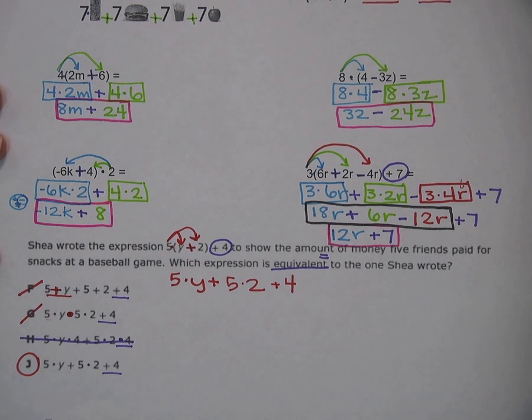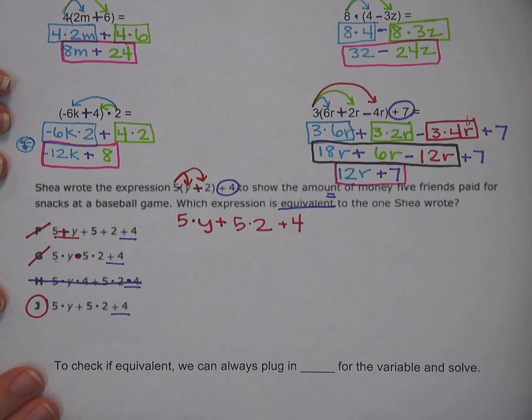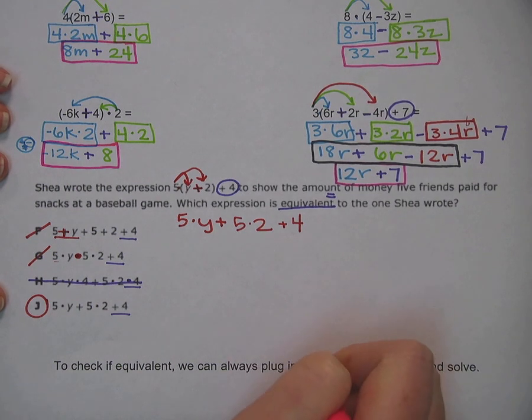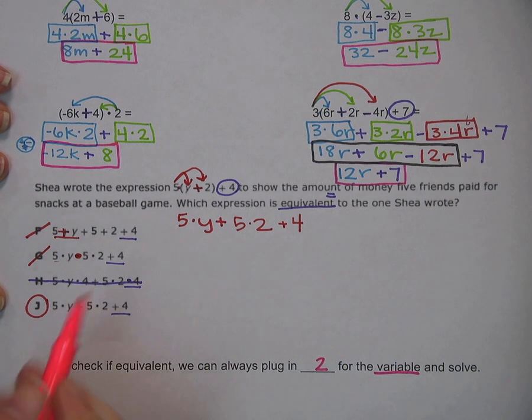Last thing I'm going to tell you real quick is if all else fails, and you get this question and you do not remember the distributive property, equivalent means equal. So we are going to check our answer by plugging in 2 for the variable. The variable is the letter, so wherever I see the letter, I'm going to put a 2 in.